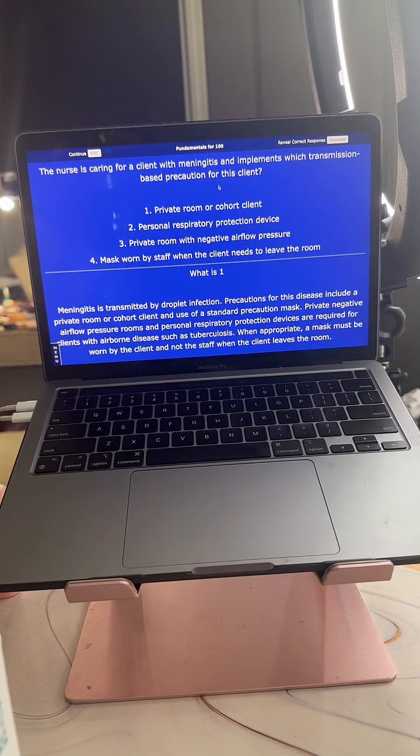Okay. Remember our transmission-based precautions. Okay. You have, like I said, airborne, you have droplet, and you also have contact. Okay. If you guys don't follow me on Instagram, or if you did not participate in Camp Nursing School, you probably missed that post.